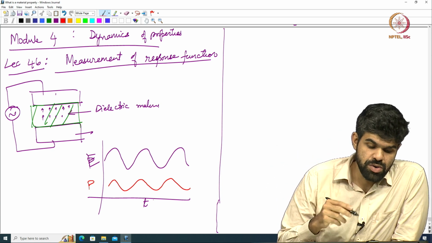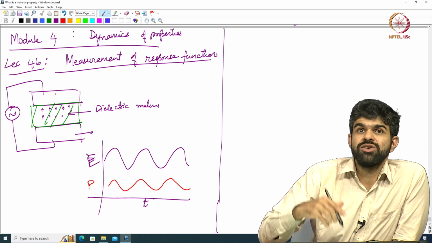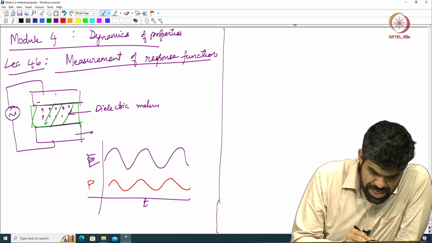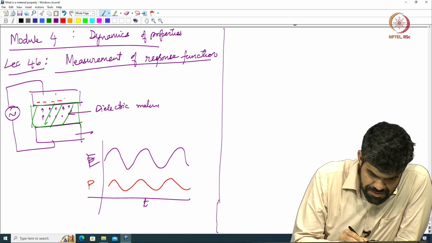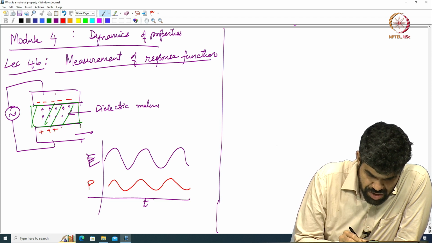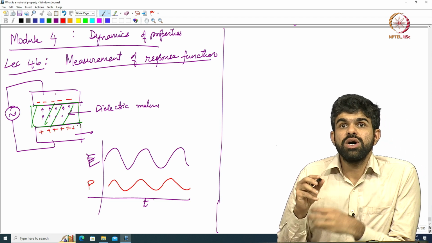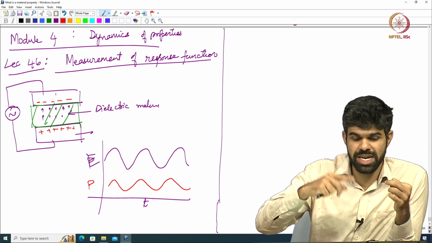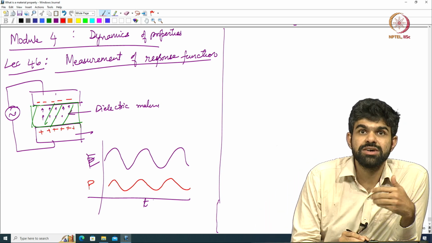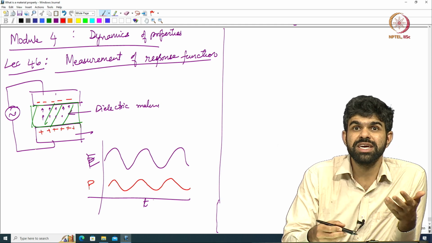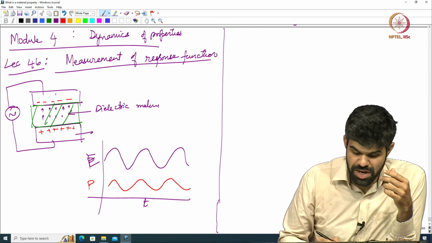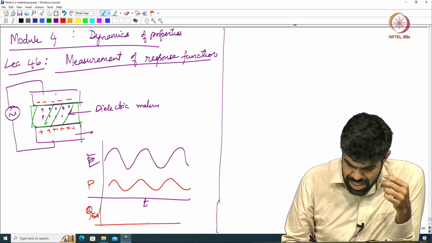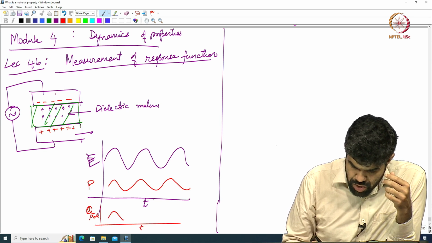Okay. So now because of polarization oscillating up and down, I have charges that I put on the metallic plates. So these are negative charges on this plate, these are positive charges on this plate, right. So to start with, and then once I start oscillating this electric field, these charges also start changing: the positive starts becoming negative, the negative starts becoming positive. So if I just look at Q on the plate versus t, the Q also starts to oscillate, right.